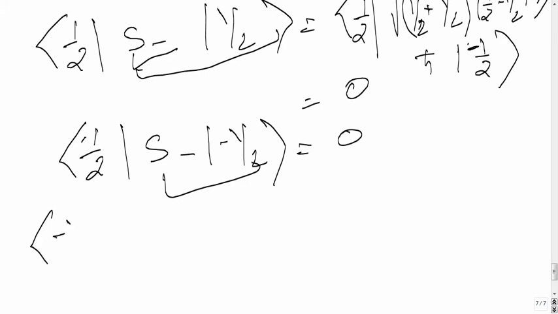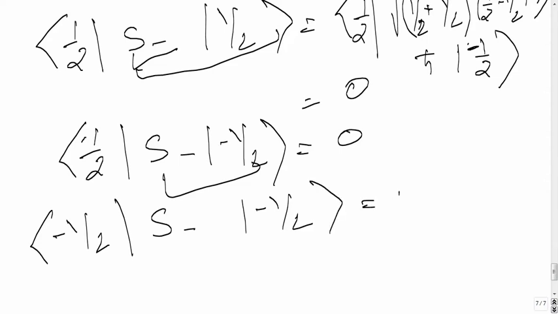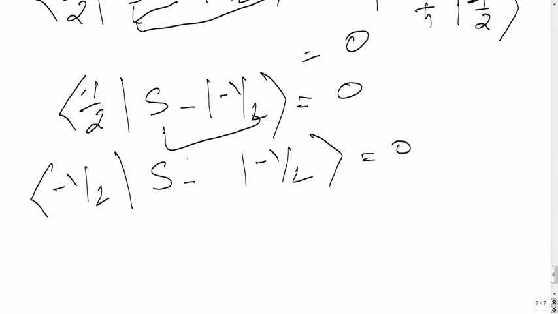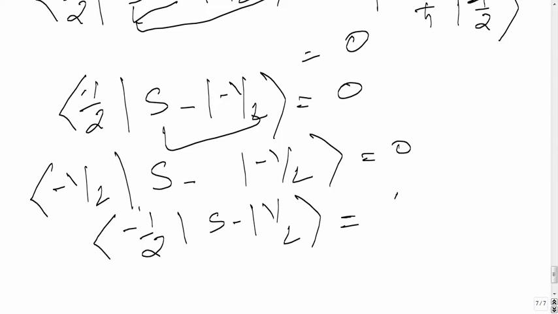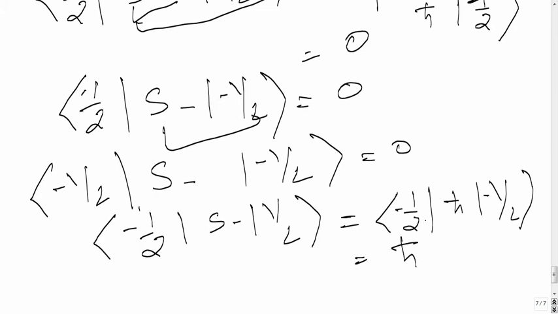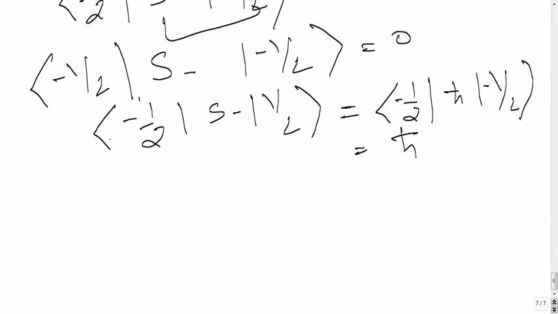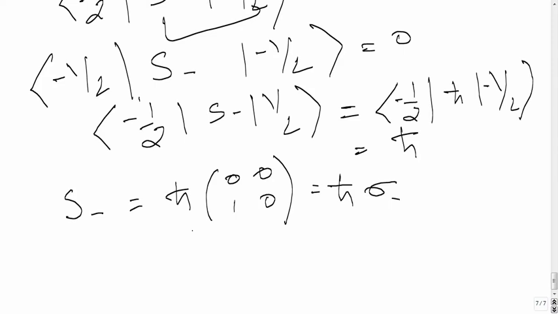This element would again be 0 for a similar reason. But this element would not be 0: minus half, S minus, plus half would give us ħ, because it would lower the value of plus half to minus half. This would be ħ. So the matrix corresponding to the lowering operator S minus would be ħ times 0 0, 1 0, ħ times sigma minus. This is again denoted by a special notation, sigma minus, where sigma minus is this.